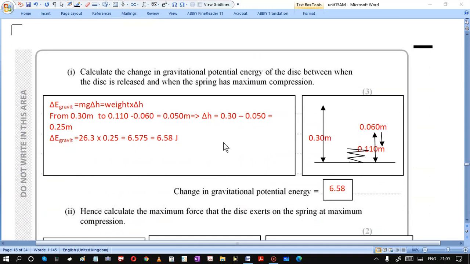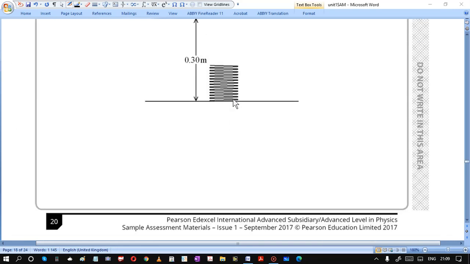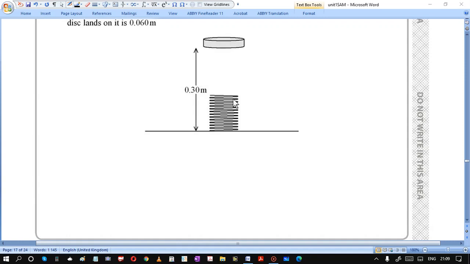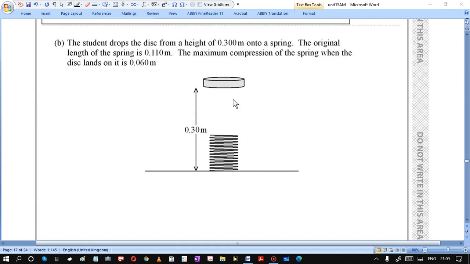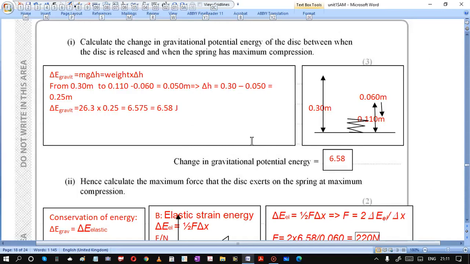Calculate the change in gravitational potential energy. Right, so the disk falls from 0.30, the difference of the length 0.110 and the compression.